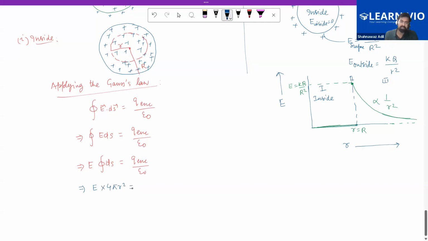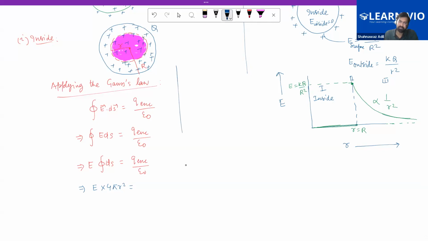This thing we have solved. But Q enclosed, let's say that the total charge is Q. But the Q enclosed inside this surface would be different. But we have one thing which we are very confident in, which we know already. And what is that thing?